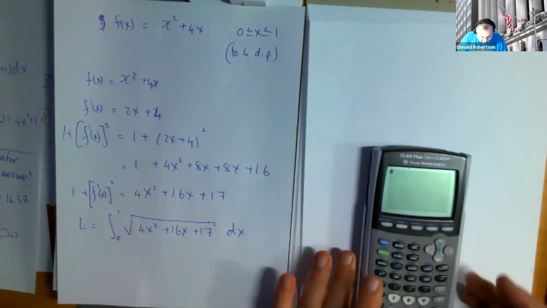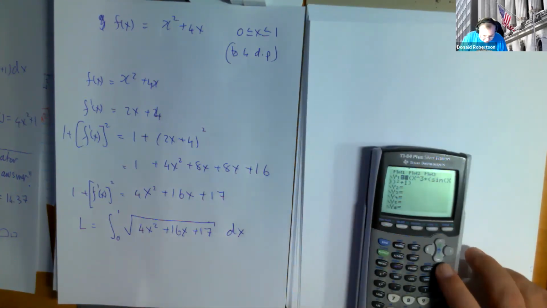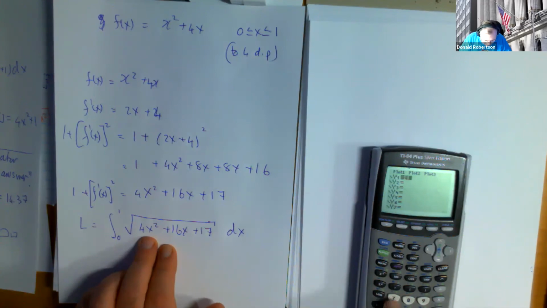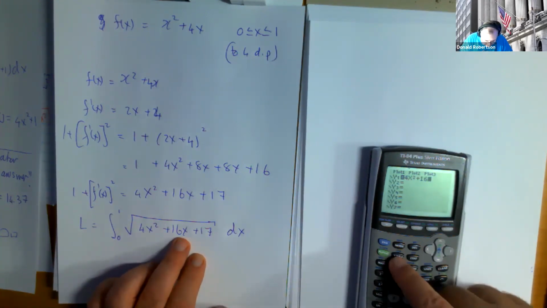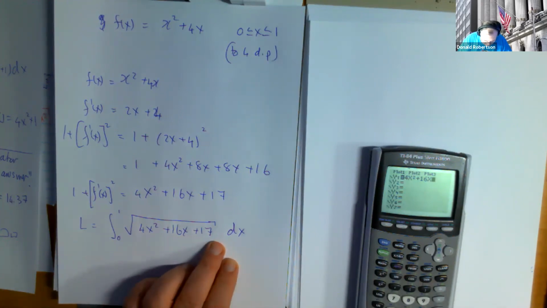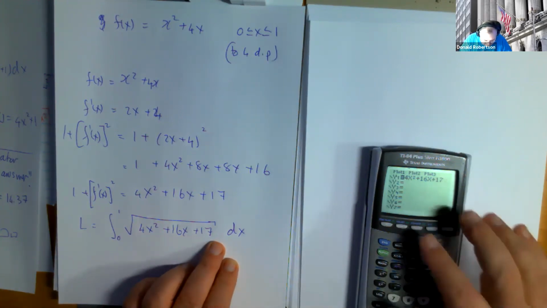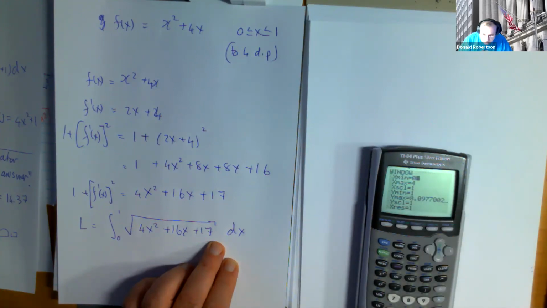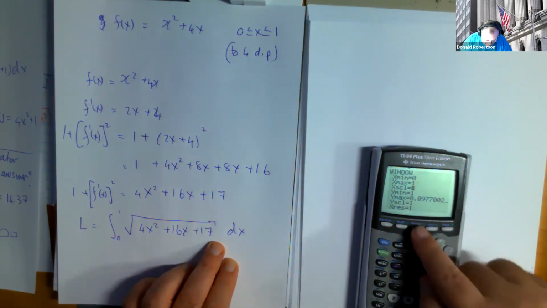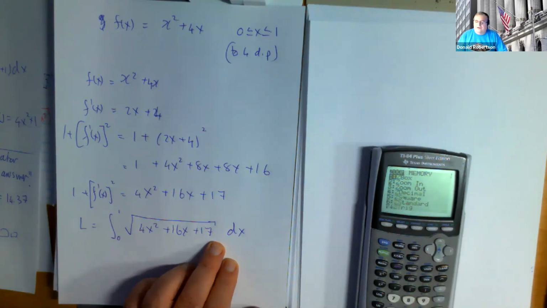Okay, so I'll set the thing up, practice at getting this right. 4x squared, add 16x, add 17. The window is going to be from 0 to 1. Zoom 0 just to zoom to fit.